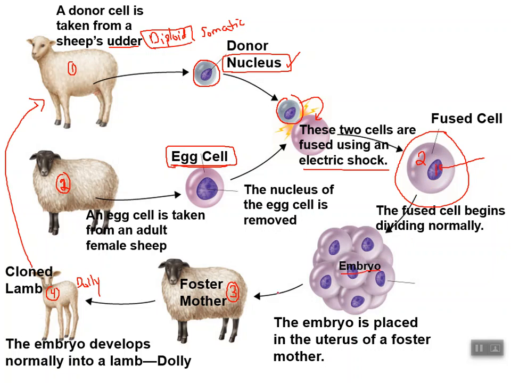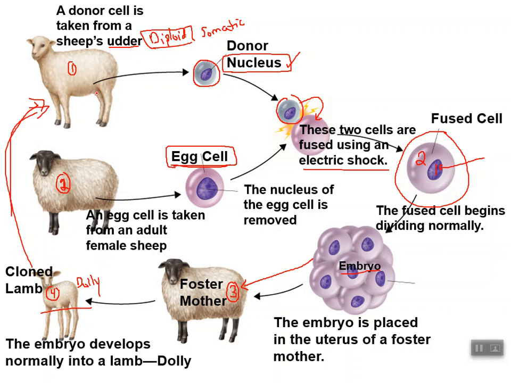Once the embryo is, I'm not sure what the exact cell count is, but probably around 16 to 32 cells, it is put inside the uterus of a foster mother, which is sheep number 3. And then when it's born, it's a clone of sheep number 1, because that's who gave the DNA.